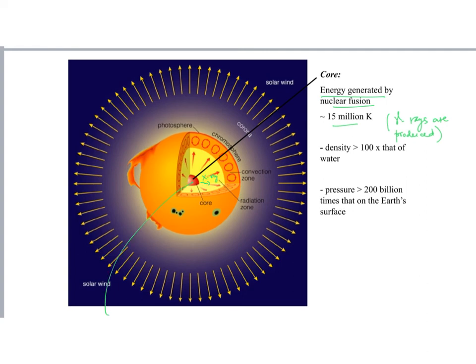But this is where there are the nuclear reactions that produce the gamma rays, the hottest photons of light that we know of. Very high pressure. It's basically 200 billion times the pressure on the Earth's surface. So yeah, you definitely don't want to be there.